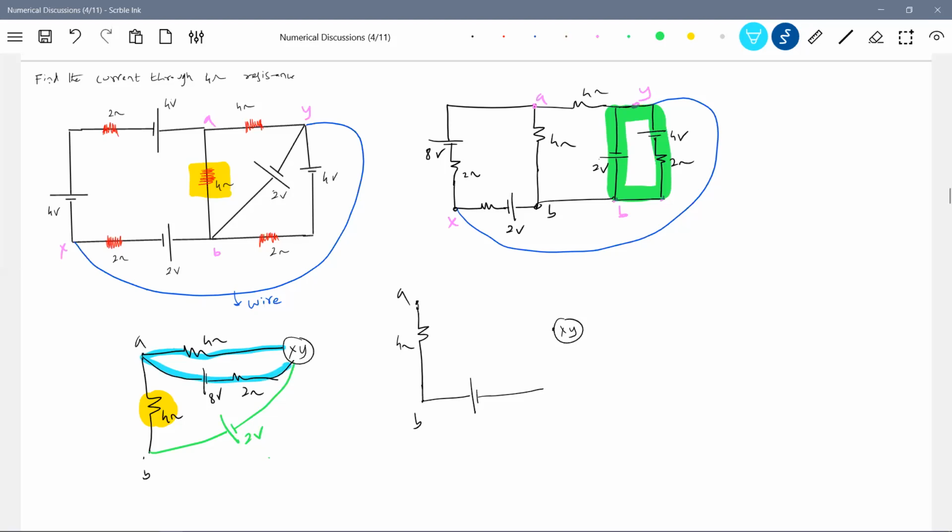Now what should be the EMF of this? Should be equal to VAXY, I'll write it.